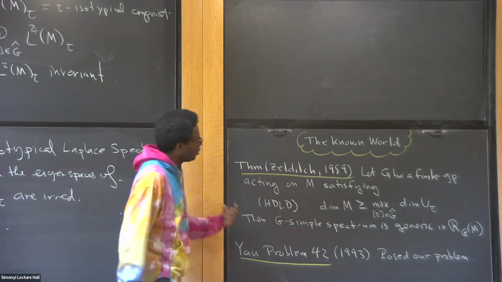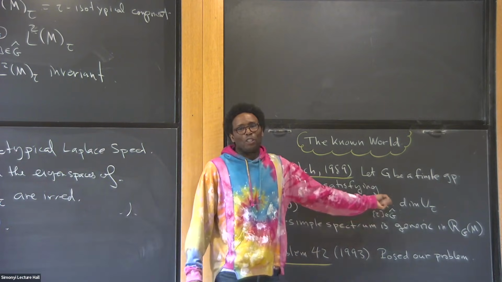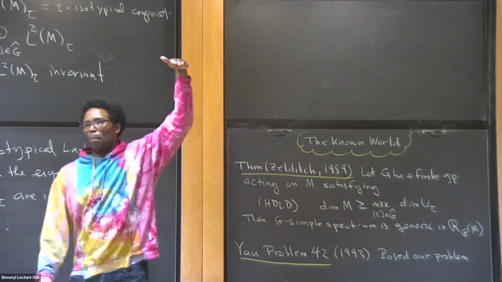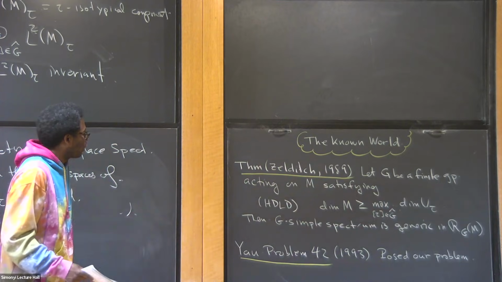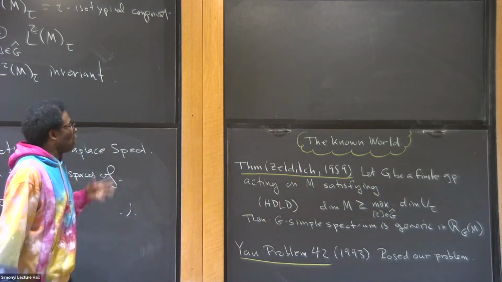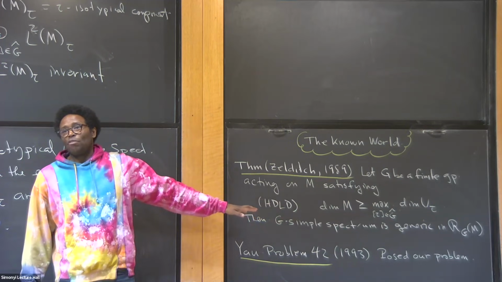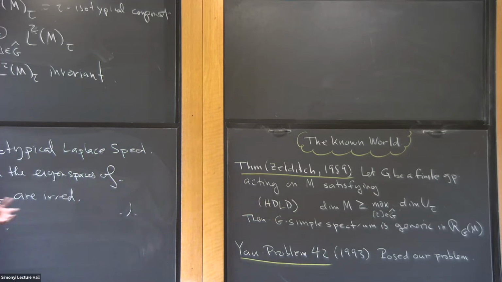That means that the dimension of your space has to be at least as large as the largest irreducible representation of your finite group. Finite groups top out at some point, so there's some lower bound on how big your manifold can be. Then it turns out that G-simple spectrum is generic within the space of G-invariant metrics on that space. So maybe one could just be thinking here of a regular covering space or something like that.